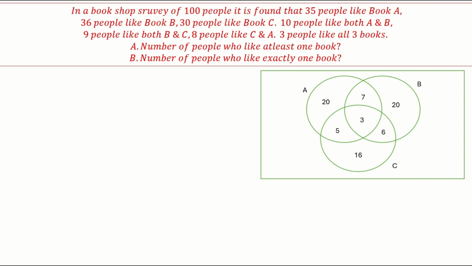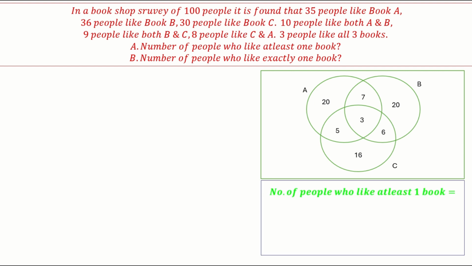So now you have all the numbers here. Now look at the questions. What is asked? You can answer any question. Number of people who like at least one book. At least one book is A union B union C, right? Which means the sum of all these numbers.